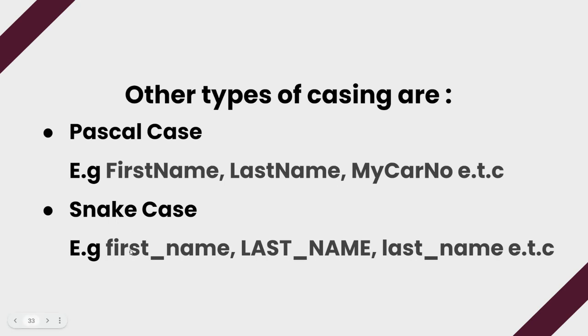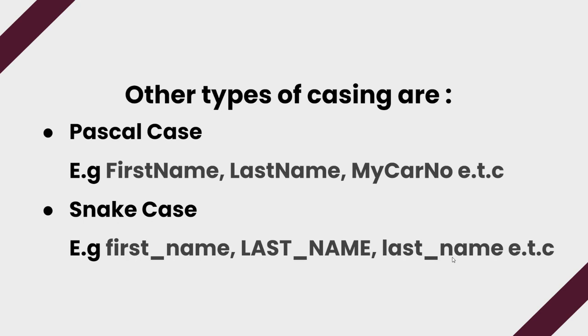Also, the snake case is quite different from the Pascal and the camel, but it also follows the rule of declaring variables, which is by making use of the underscore. So here you have first underscore name, last underscore name in lowercase.